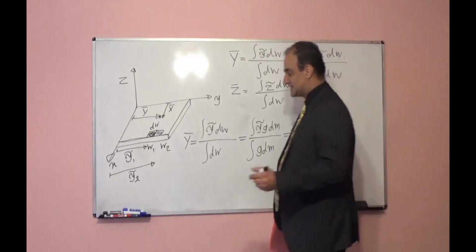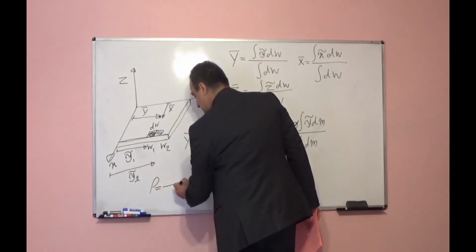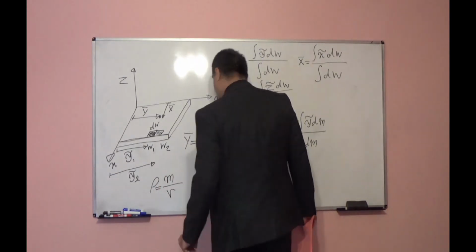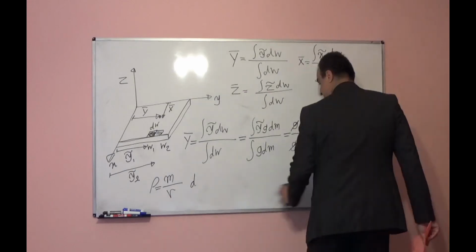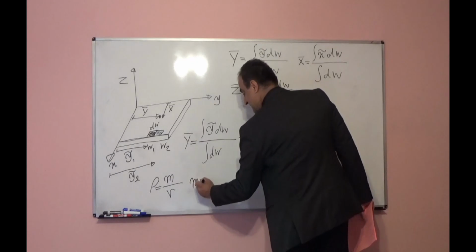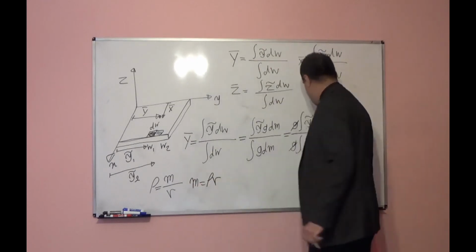What is the mass? Density is equal to mass divided by volume. From here I can write mass is equal to density times volume.